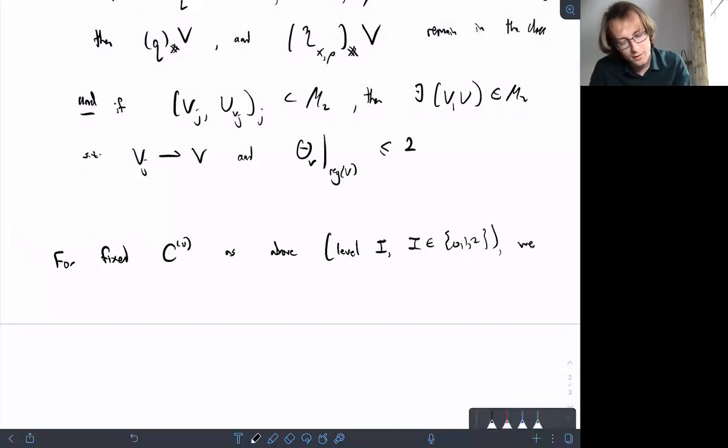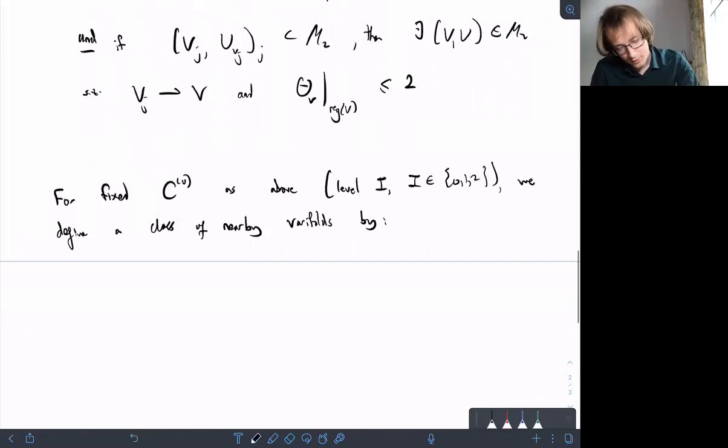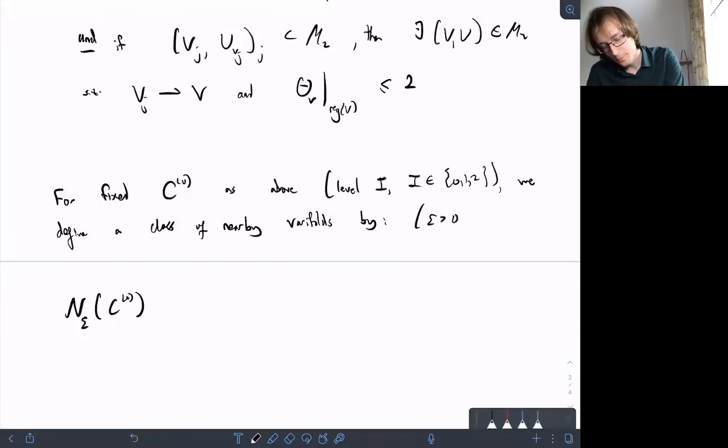We define a class of nearby varifolds, curly N for near, epsilon, C0. So here epsilon is just some positive number.